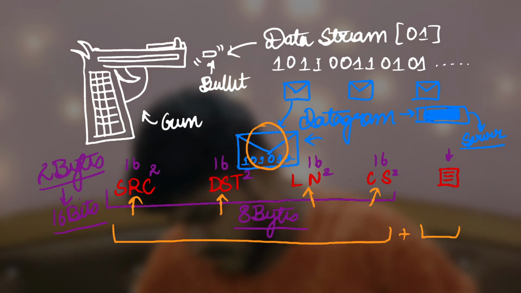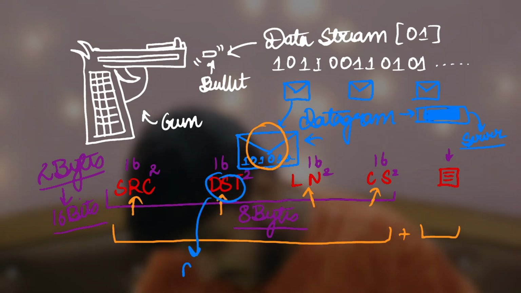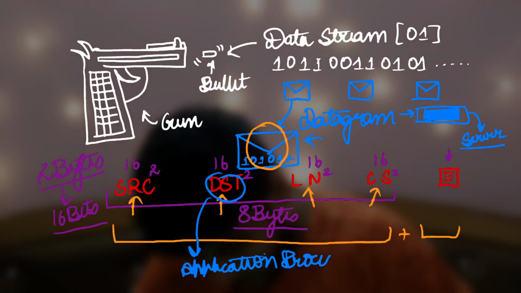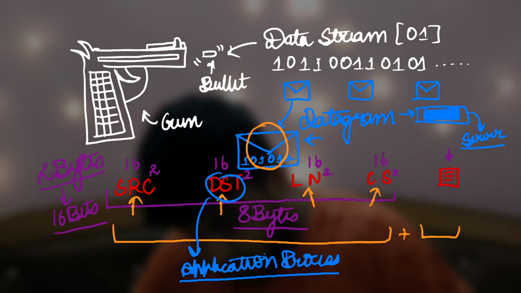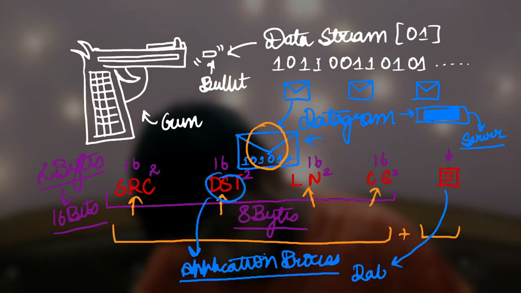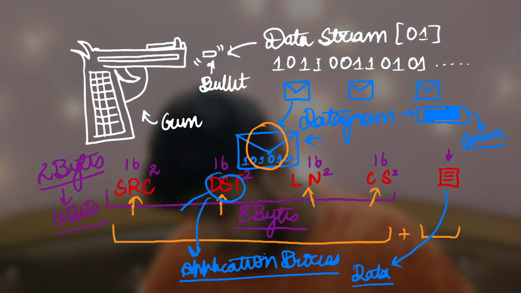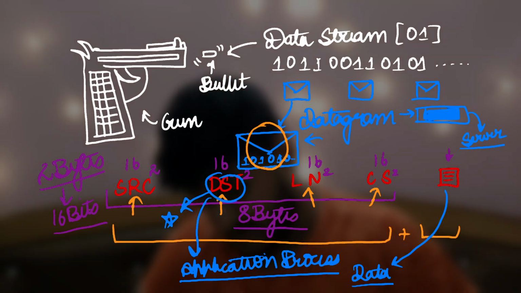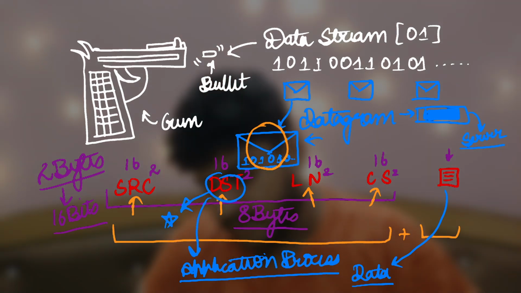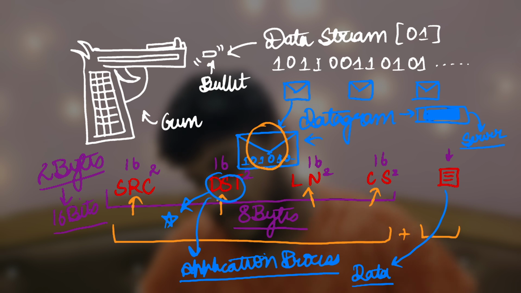The server will use the destination port number to identify the correct application process for which the data has been sent. So it will use the destination port number to identify the application process.